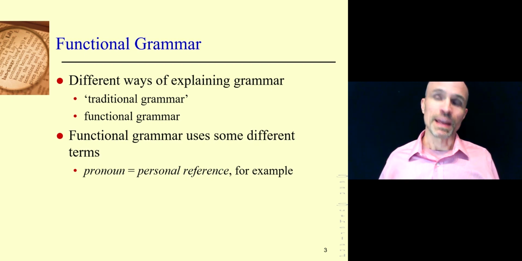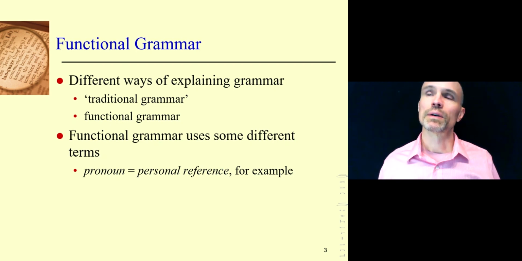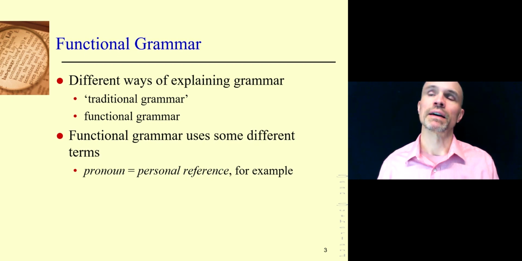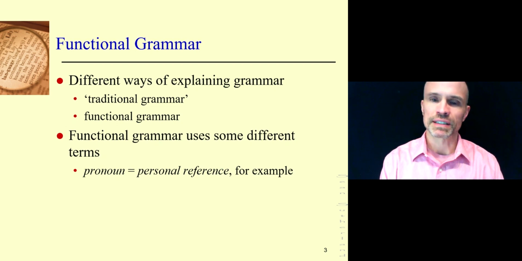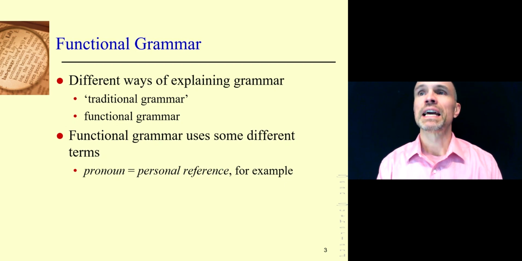Now, they're referring to the same thing, right? I, you, he, she. What does pronoun mean? I mean, you know what it is, but what does it mean? It's not a word that most of us know the etymology of, right? Whereas if you call I, you, he, she a personal reference, in many ways that's just easier to grasp, right?